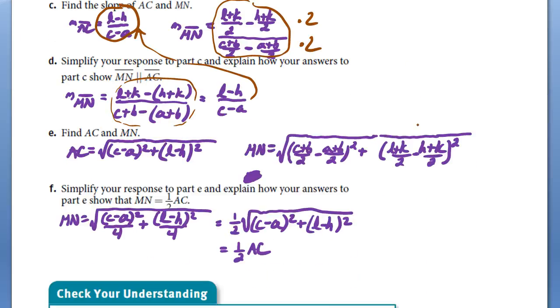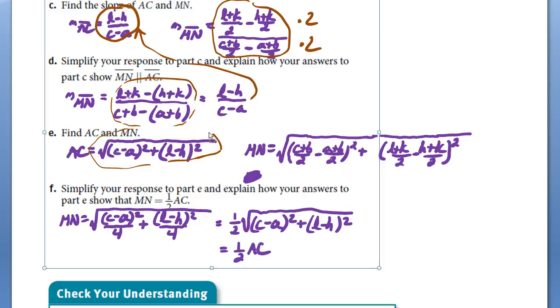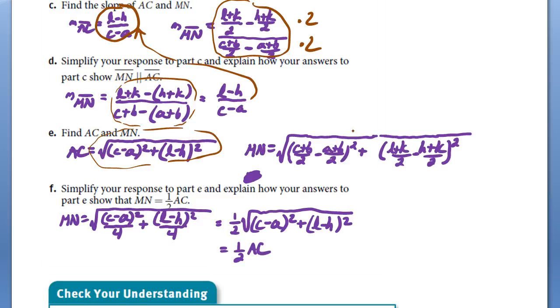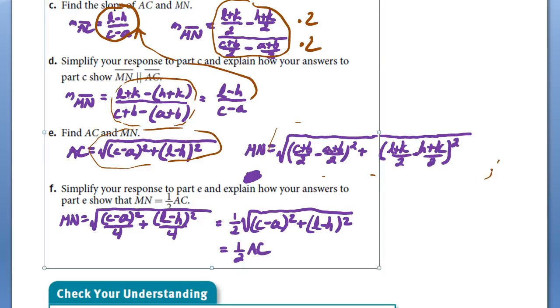So that's going to create some algebra expressions with variables. Length AC turns out to be this right here, and length MN turns out to be this expression over here.